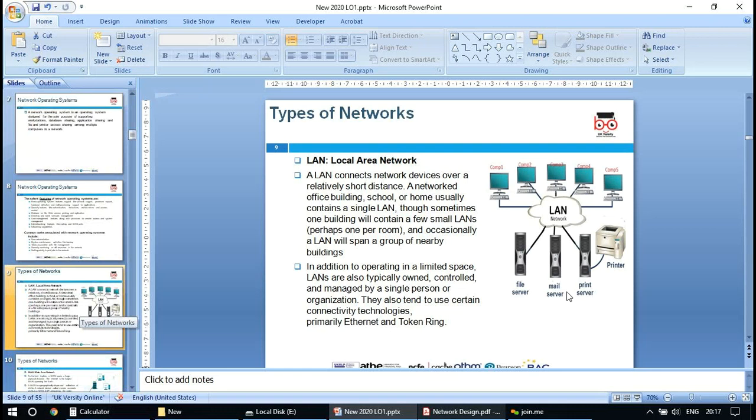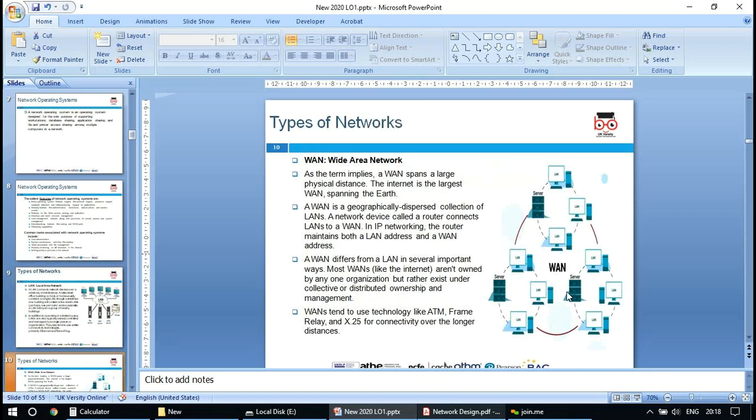Then wide area network is basically the internet one. The wide means worldwide, because W stands for wide, and wide is up to the world.